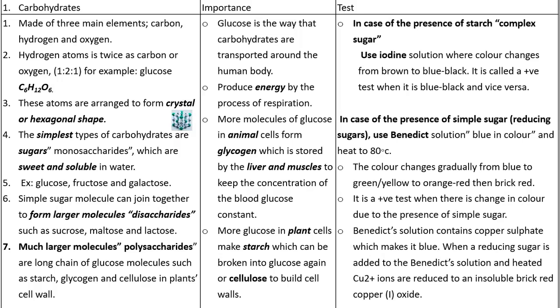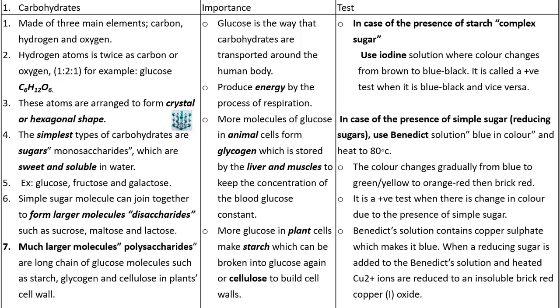When it's positive, it changes from the normal color of iodine, which is brown, into blue-black. In case of the presence of simple sugars, like glucose, for example, we use the Benedict solution. The Benedict solution is blue in color, and it's also heated to 80 degrees, and the number is very important.